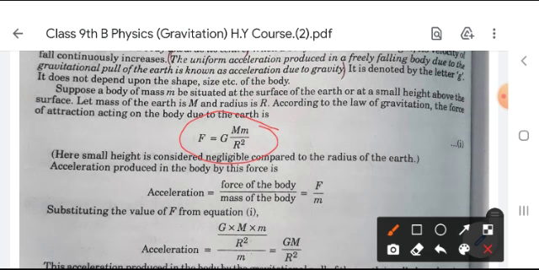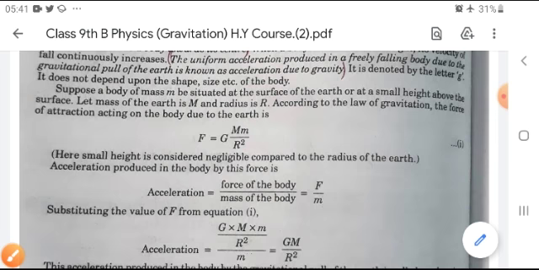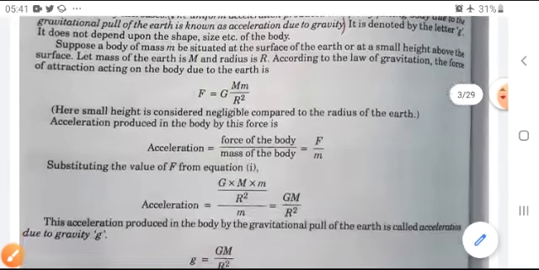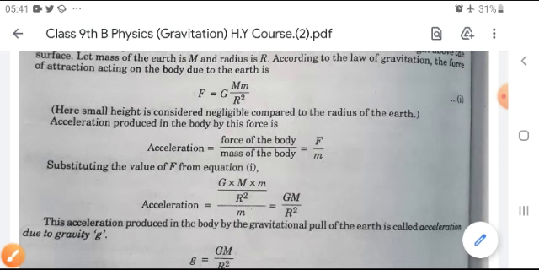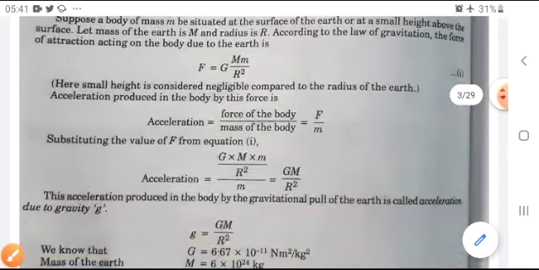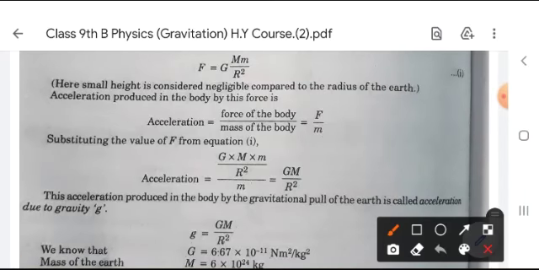Suppose the picture looks like this. This is the Earth, suppose this is E, and the small mass is kept near the surface of the Earth. Then this is the radius of the Earth, that is r.